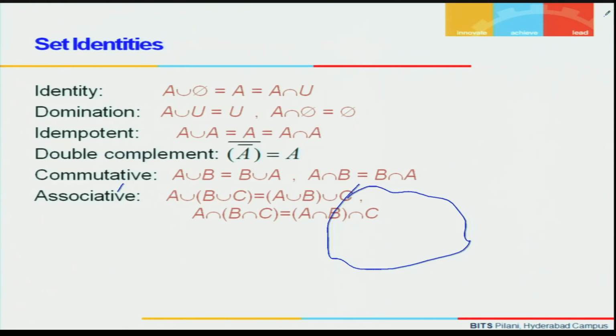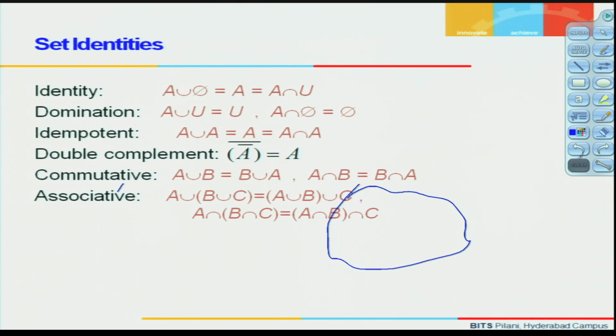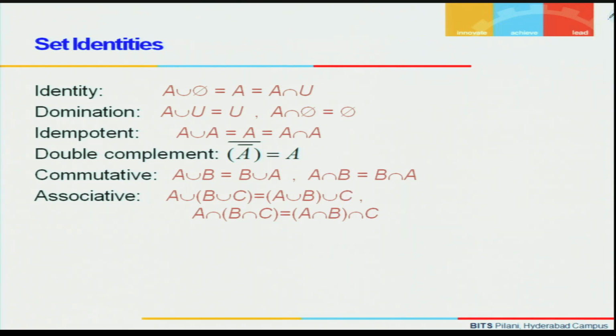And as we have seen, having known all these things, there are some identities. A union the empty set is A, and A intersection the universe of discourse is again A. A union the universe of discourse, that is U, is the universe of discourse. The universe of discourse is there, and A is a subset of it.